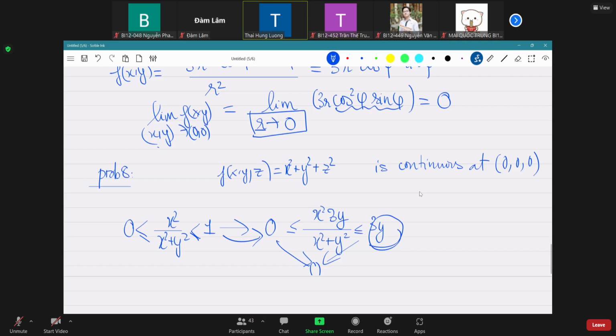As far as I know, we only have the version for one variable function. So I think you should not follow this method. Okay, I hope that my answer satisfies you.